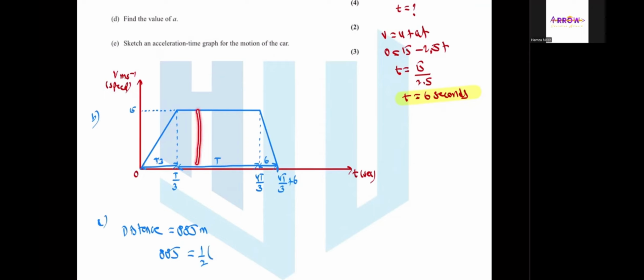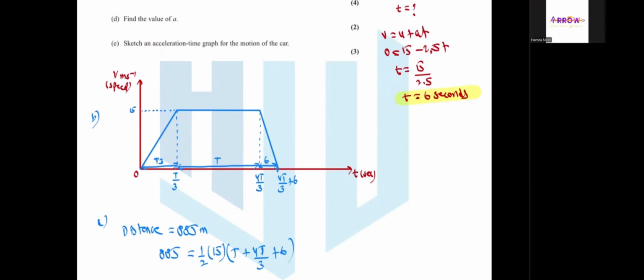So the height of the trapezium would be 15 over here. Okay, and one parallel side is basically t seconds, and the other parallel side is 4t over 3 plus 6. As we have already done in part A, the total duration of the journey is 4t over 3 plus 6. So just solve this equation and you will get the value of t.